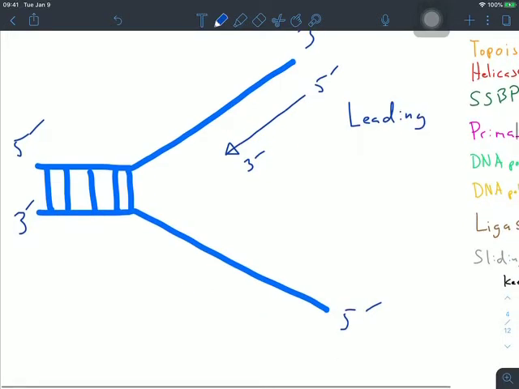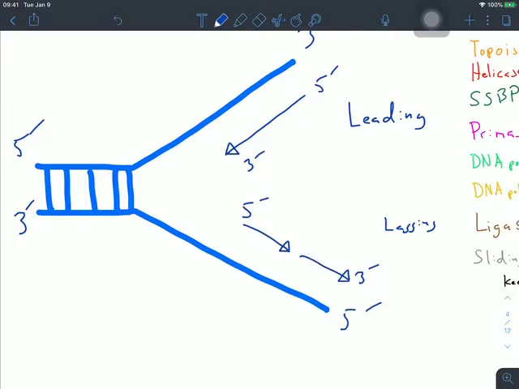In contrast to that, each of our components here will have to be 3' to 5'. But you can only build 5' to 3'. So rather than zipping this way and building up, we know that the lagging strand has to be built in sections as things are unzipped backwards.